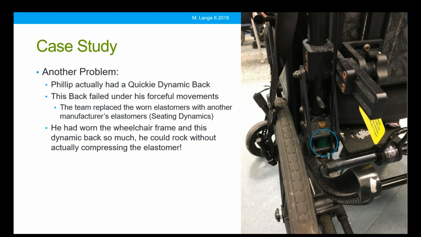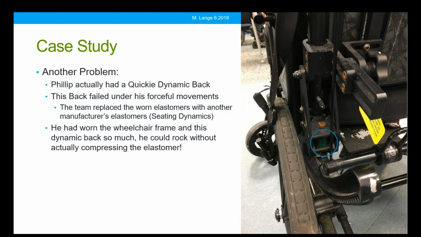Now, the interesting thing is someone along the line decided, you know what, Phillip needs a dynamic back because he is moving so much. And they put a dynamic back on. The back they happened to choose was from Quickie, but the back failed because his movements were so forceful.